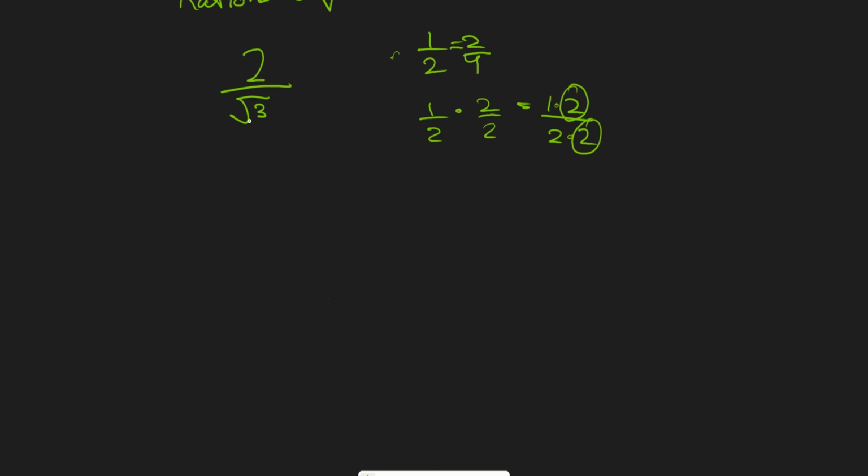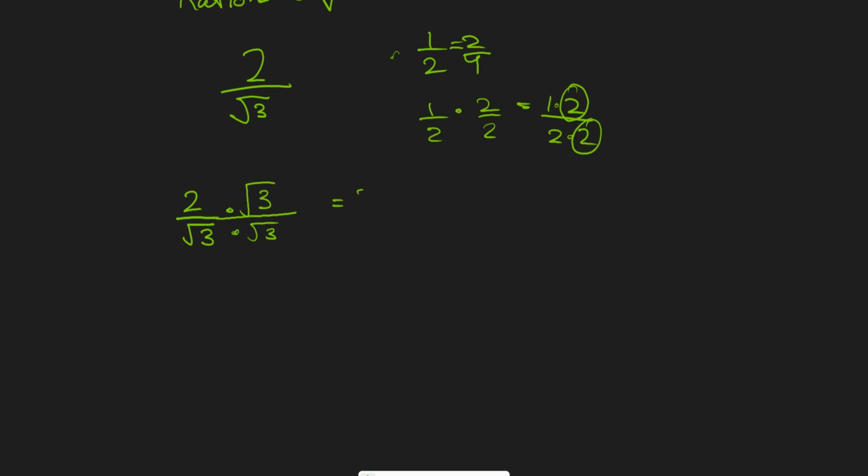So when there's a surd on its own in the denominator, what we do is we take the fraction, write it down, and we multiply it by the root in the denominator. So 2 times root 3 divided by root 3 times root 3.